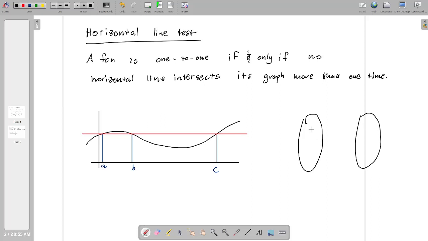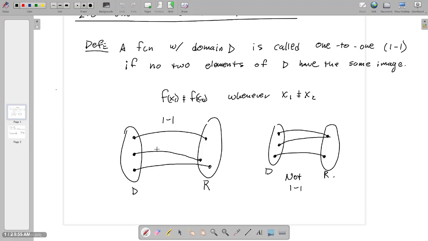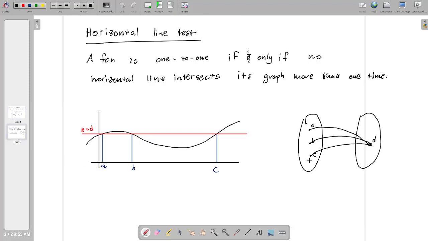In the function model here, we would have a, b, and c all mapping to the exact same y value. And that y value would be whatever this red line's y value is. Let's say y is equal to d. Then we would have d here. Now, as we showed here, that's not a one-to-one function. So we can say that this is not one-to-one.